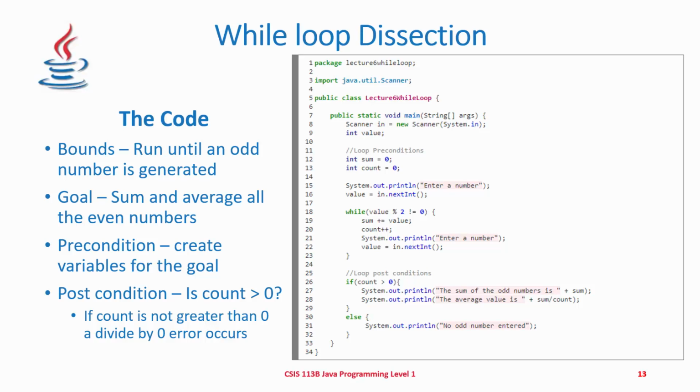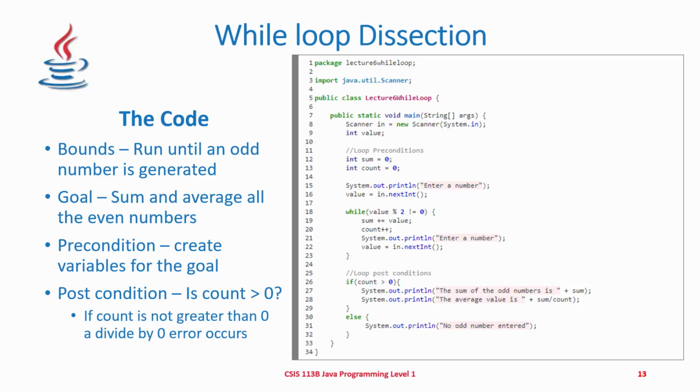Then we take input from the user, and that's assigned to value. Then in the Boolean expression for the while loop, we're using the expression value modulus 2 does not equal 0. As long as that expression evaluates to true, that means it's going to be an odd number. It's not going to be an even number, because if you divide an even number by 2, you will never have any remainder left over, right?